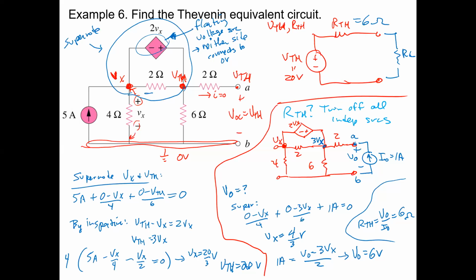Not really. And one thing I really have to enforce, because some people will use some of the numbers from the work they did for the open circuit voltage. They're like, oh, Vthevenin is 20 volts, so then therefore, the current there is just 20 minus 3Vx over 2. But the Vthevenin only works when it's an open circuit there.